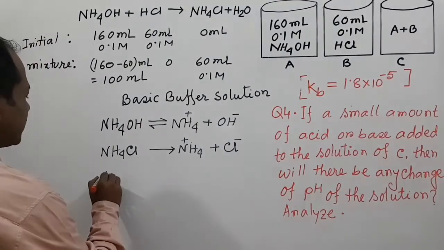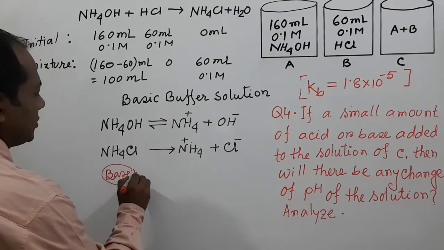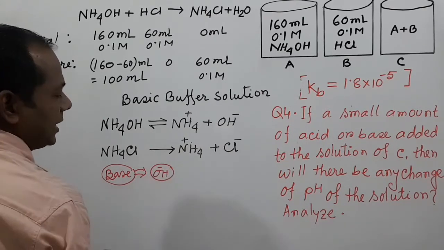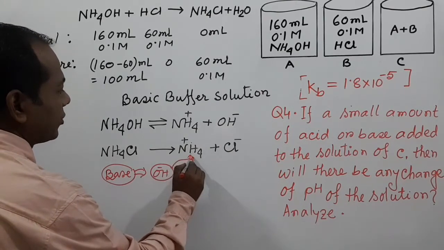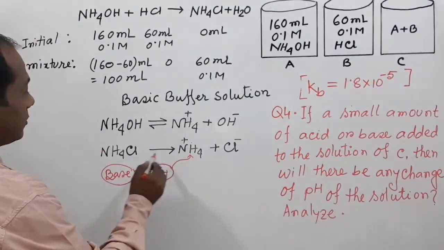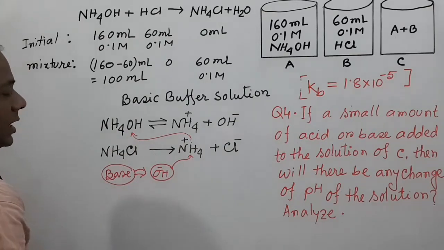My dear students, when we add a small amount of base to this mixture, then we get hydroxyl ion from this base, and this hydroxyl ion reacts with ammonium ion which comes from this ammonium chloride, and they produce ammonium hydroxide.